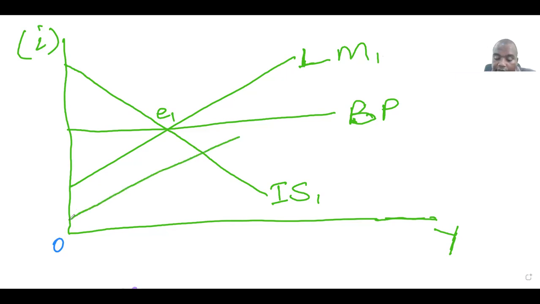This will obviously shift the LM curve downwards from LM1 to LM2. A reduction in the bank rate would lead to a downward shift of the LM curve from LM1 to LM2.